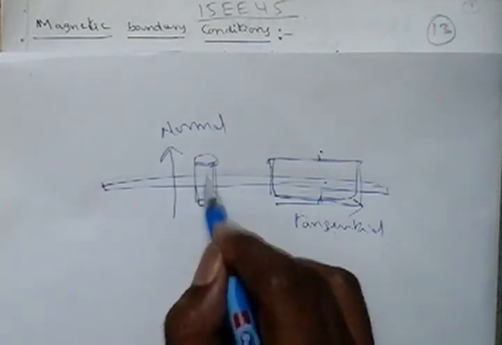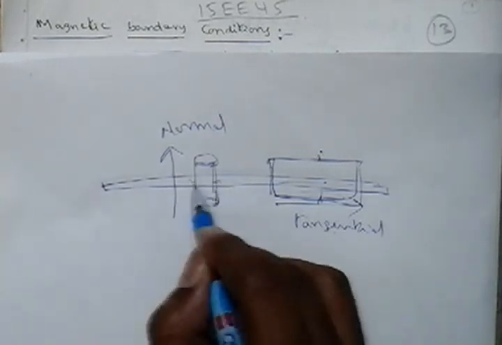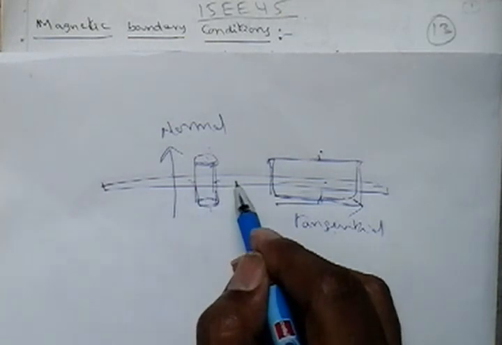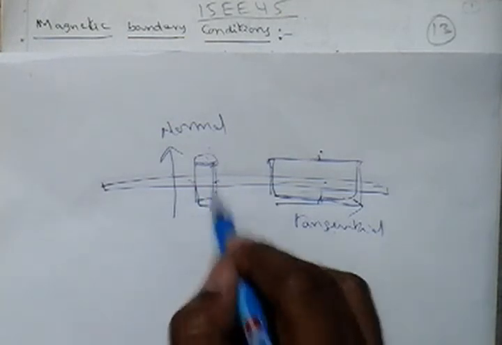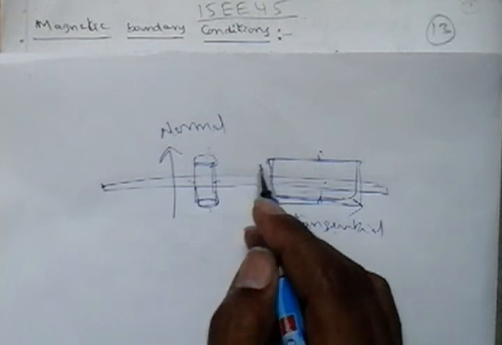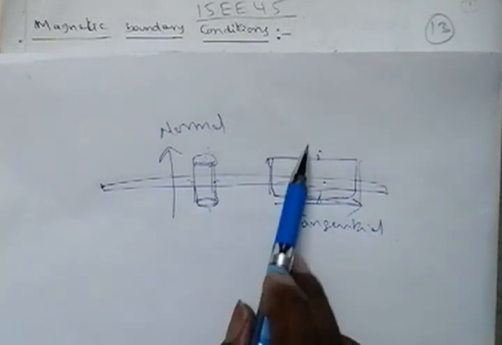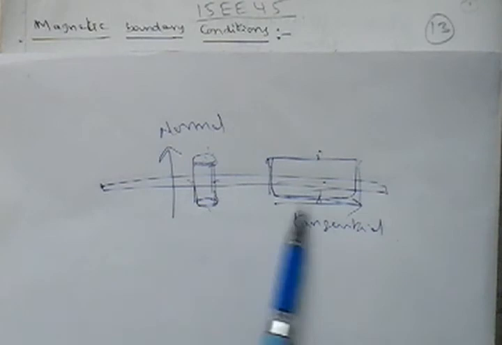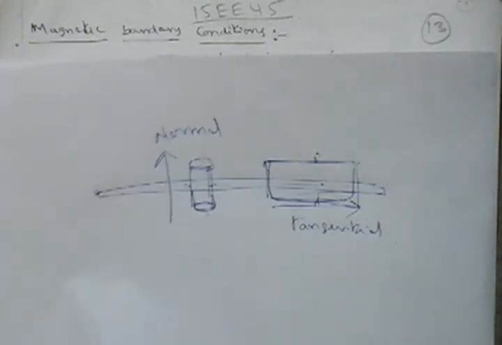Why? Because this component will be zero, and only these two sides approach the boundary line. Whatever shape we consider, we can get the normal component, but the two sides must be parallel to the boundary line to get the tangential component expression.